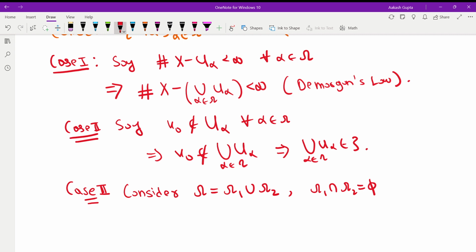What I am doing is, it's an index set. The next case would be a mixture of the conditions, like some u alphas satisfy that the complement is finite, and some satisfy that x naught is not in them. So that's what I am distinguishing.